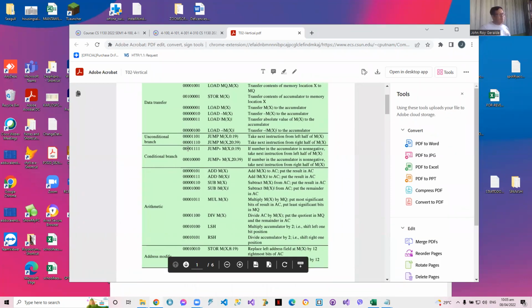Now there's a unique jump, which means unconditional jump. You can jump to a specific location in memory. Now, the unique thing about this is it's not just an easy jump. There's jump M left, jump M right. That's because an address can store 2 instructions.